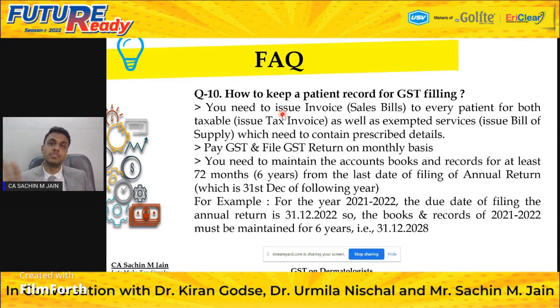And you need to preserve these documents for 6 years. Practically, it comes to 7 years, but to understand it, we need to preserve it for 6 years from the end of the year when you file your GST annual returns. The due date is 31st December. So in practical language, we can say we need to preserve documents for 7 years.